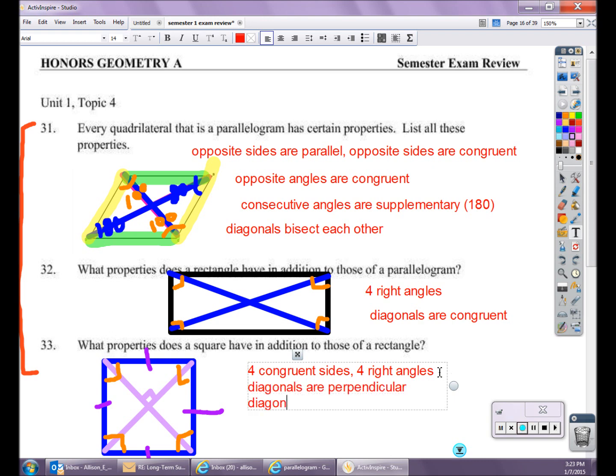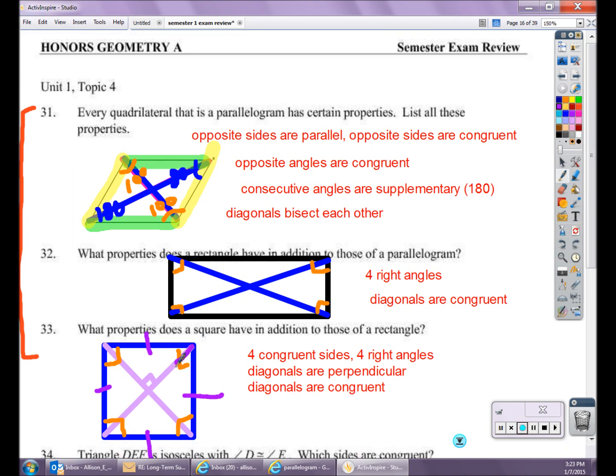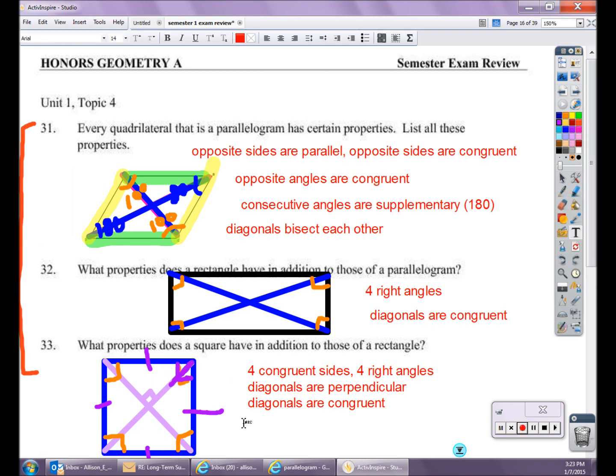You have that the diagonals are congruent to each other. And you also know that this diagonal cuts this 90 into 45 and 45. Okay? So all the angles are cut in half. So the opposite angles are bisected by the diagonal.